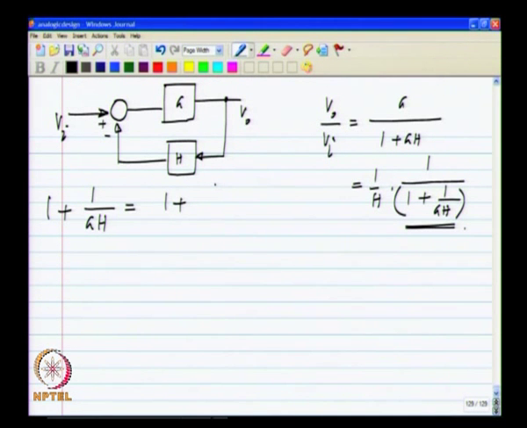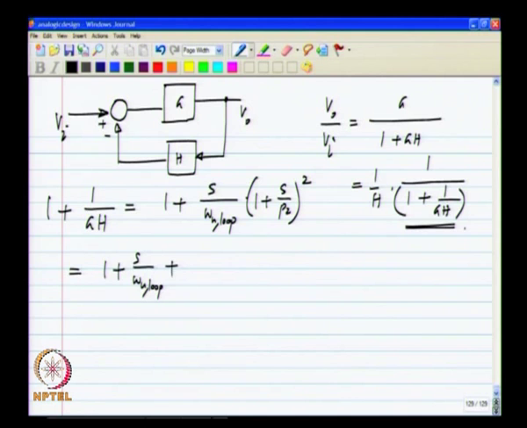So, we have 1 plus s by omega u loop 1 plus s by p 2 squared, and this will be 1 plus s by omega u loop plus 2 times s square by omega u loop times p 2 plus s cube by omega u loop times p 2 squared.